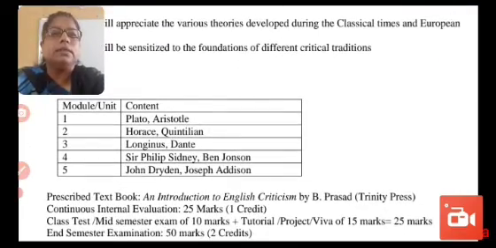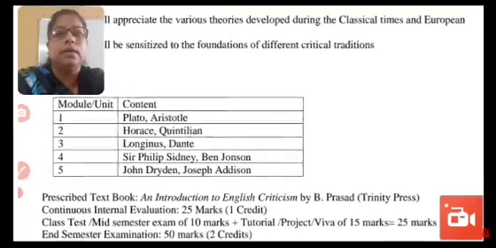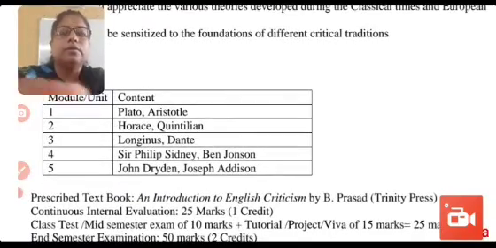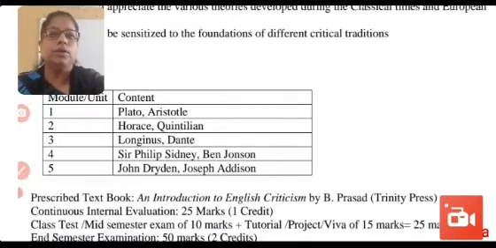Now, as said earlier, here are 5 modules or units. The first module or unit consists of Plato and Aristotle. The second, Horace and Quintilian. Third, Longinus and Dante. Fourth, Sir Philip Sidney and Ben Jonson. And the fifth module consists of John Dryden and Joseph Addison.